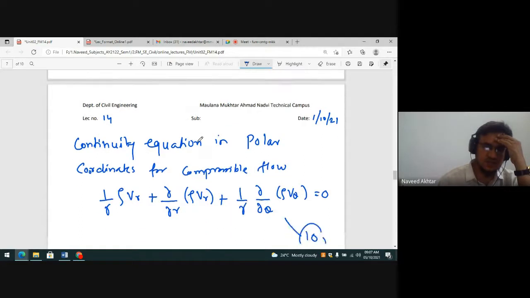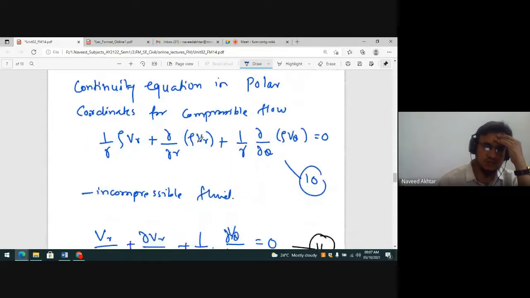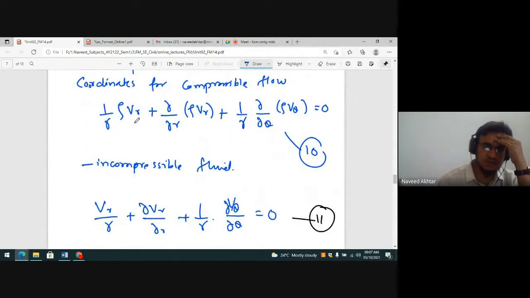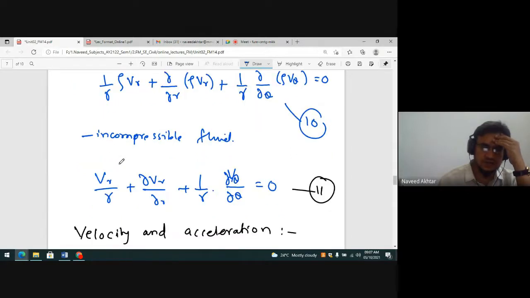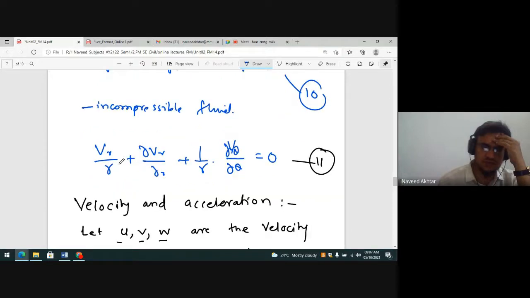Okay. So the continuity equation in polar coordinates, you can write down as 1 upon r dou by dou r of rho v r plus 1 upon r dou by dou theta of rho v theta. So that is, for incompressible flow, v r upon r plus dou v r by dou r plus 1 upon r into dou v theta by dou theta.